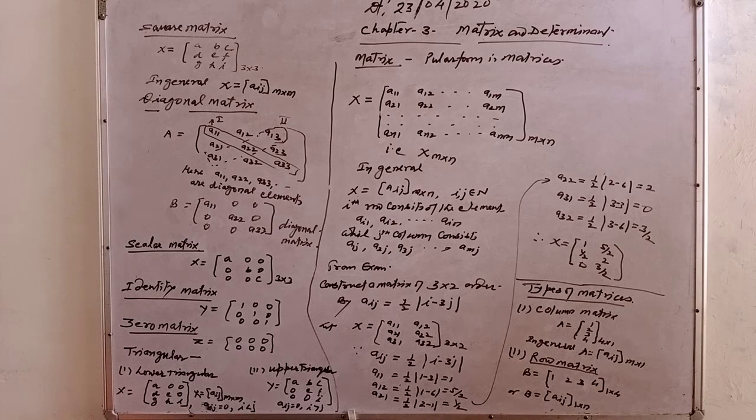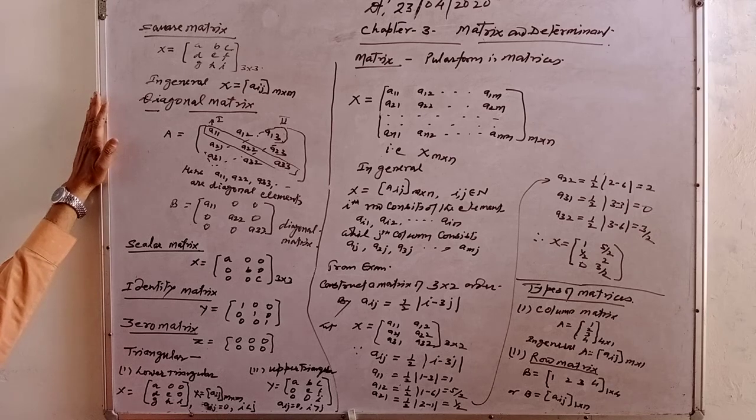And second is the row matrix, a matrix which has a single row. Order is 1 into 4. Or in general, you can write B is equal to bij of order 1 into n, means row is 1, columns may be 2, 3, 4. Next, square matrix.